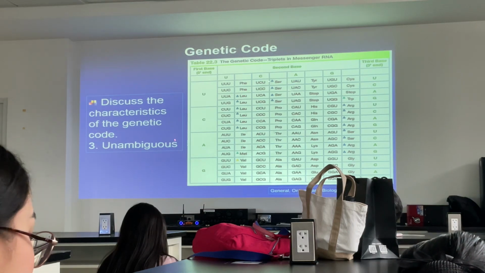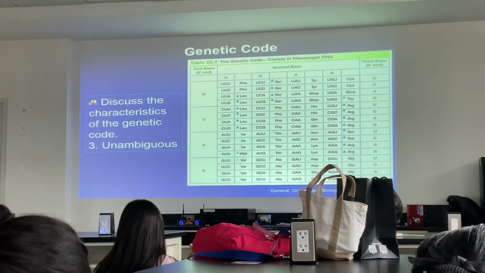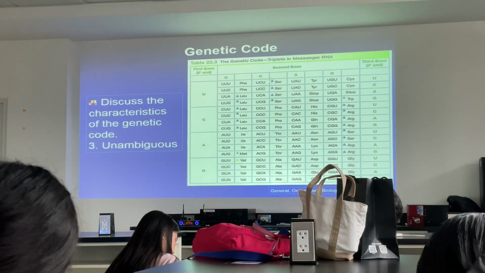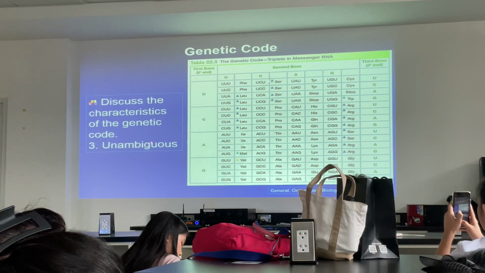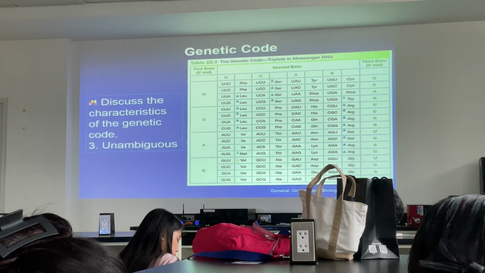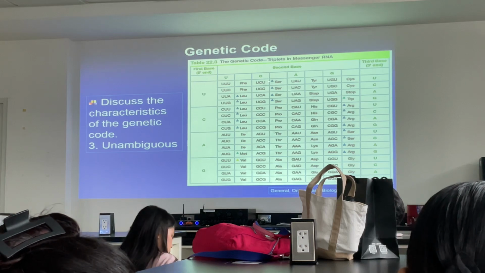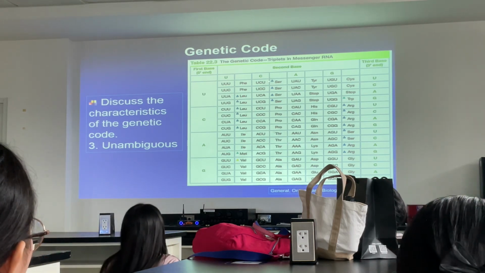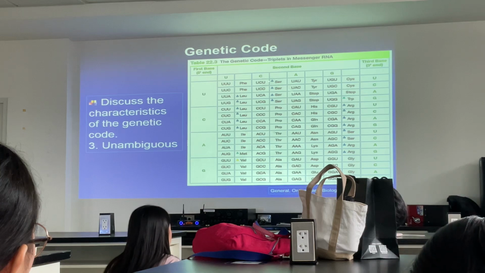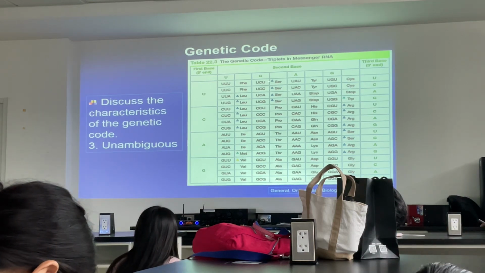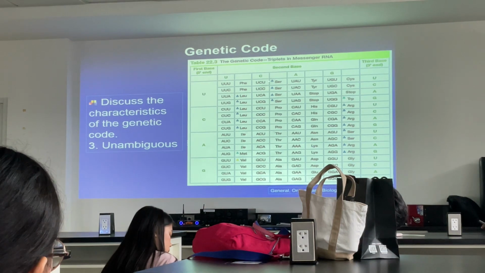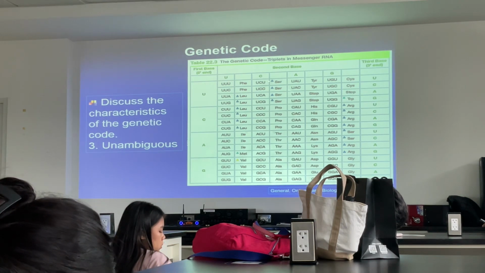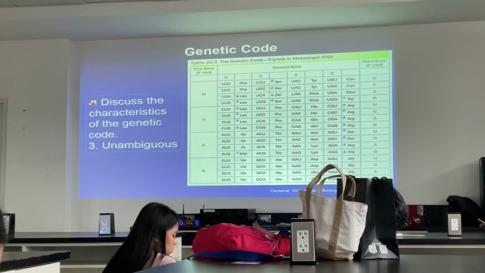Next, unambiguous. What is the meaning of unambiguous? The genetic code. So when the synthesis starts at the first codon, then what will happen? The reading of the codon will continue from the start to the end. Meaning from the start, when there is an initiation codon, and towards the end, when there is a stop codon.